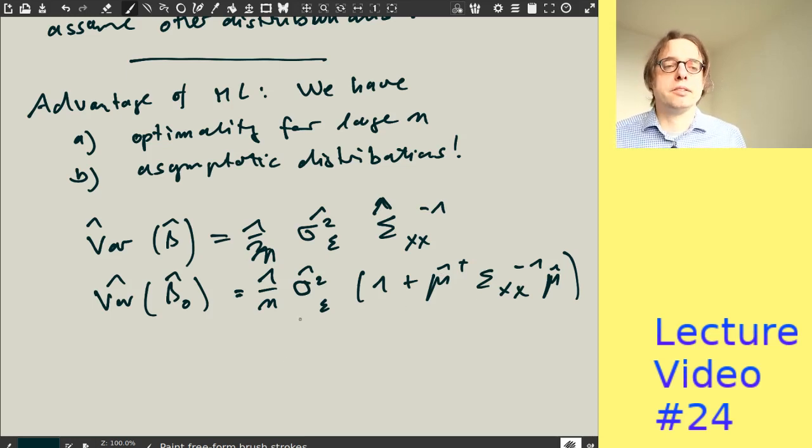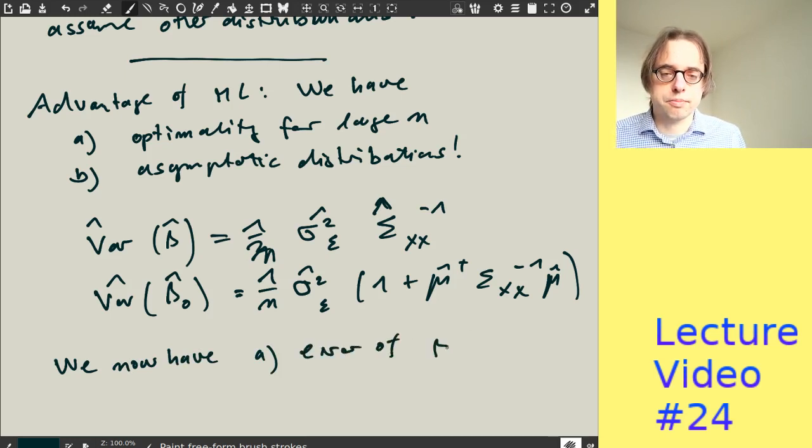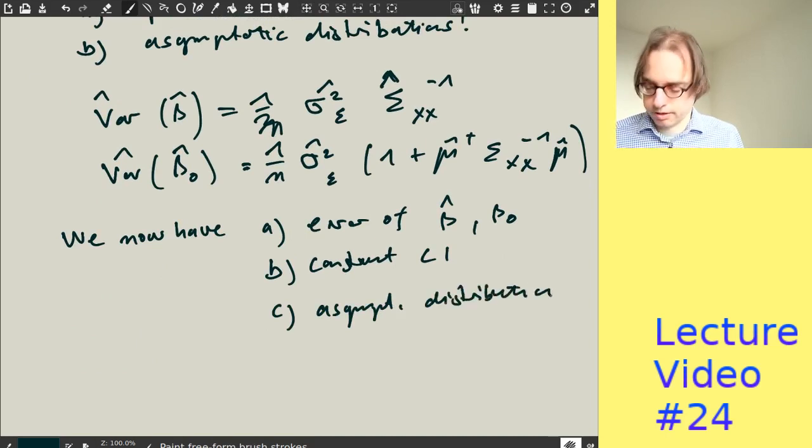And then why do we want this? We now have an assessment of the error of beta hat and beta naught. We can construct confidence intervals, and of course we know the asymptotic distribution, which is multivariate normal.